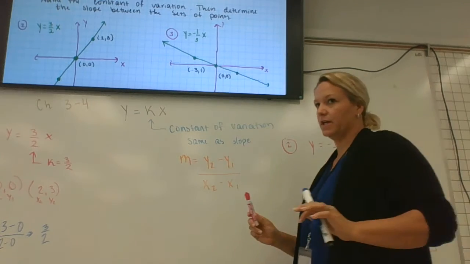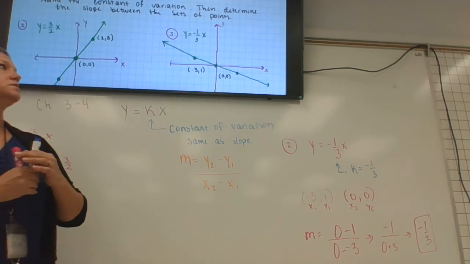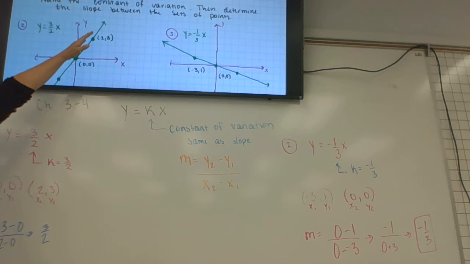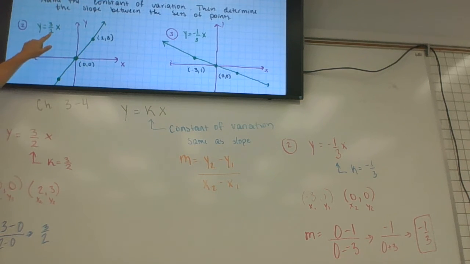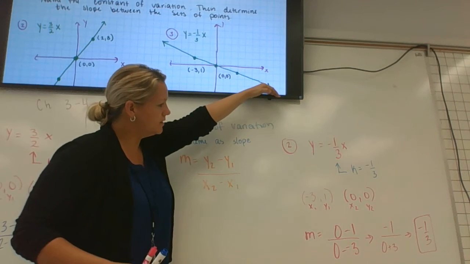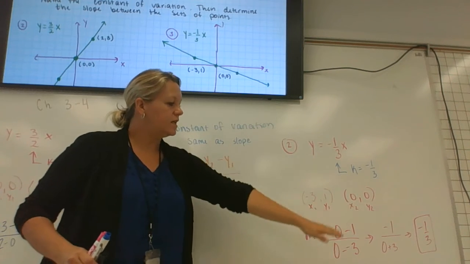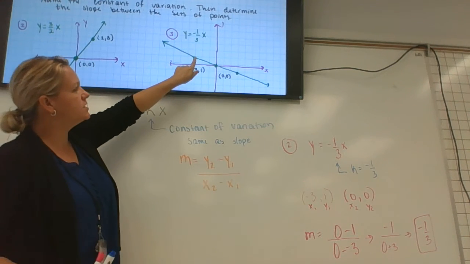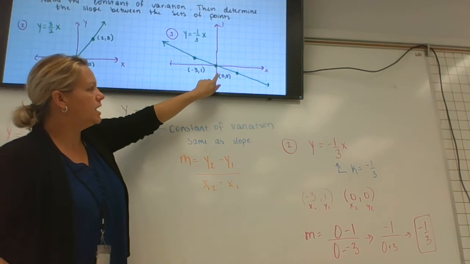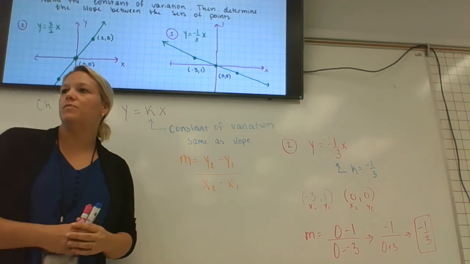So purposefully, this one is supposed to be seen as a positive slope. It's going uphill, and the k value is positive. Our math comes out positive, and then this one's going downhill. Our k value is negative, our slope formula is negative. So from here to here, we went down 1 and right 3, down 1 and right 3, and that's because the 1 is negative.